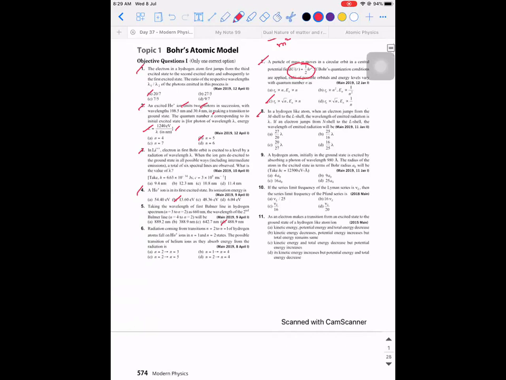In a hydrogen-like atom, when an electron jumps from the M shell to the L shell, the wavelength of the emitted radiation is lambda.